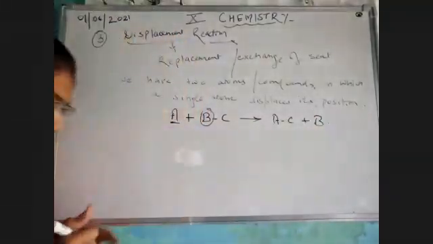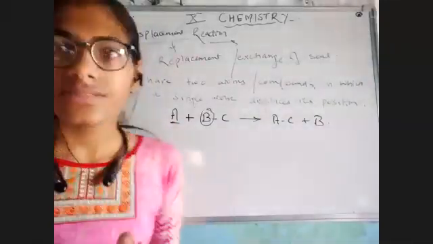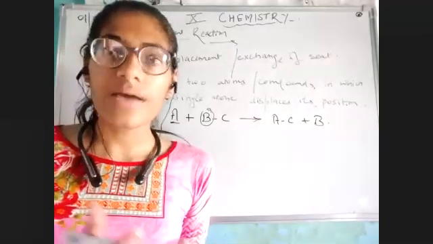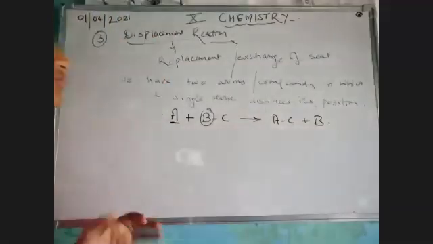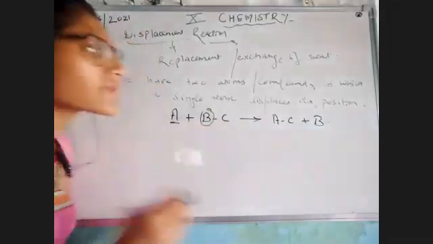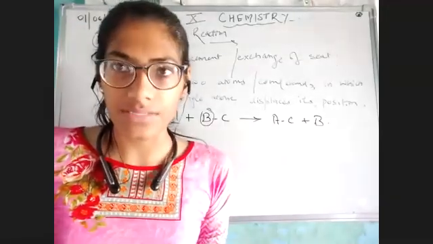Now the point here is how we come to know that this A has the capability to replace the position of B. In other words, how can we come to know that A has the power to replace the position of B? That we have also studied in our third chapter, known as the reactivity series, right?